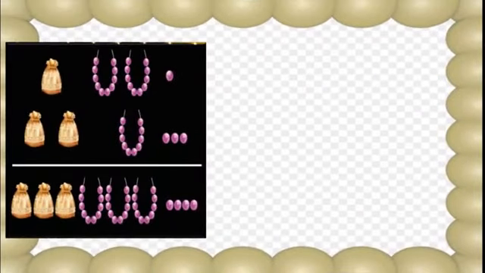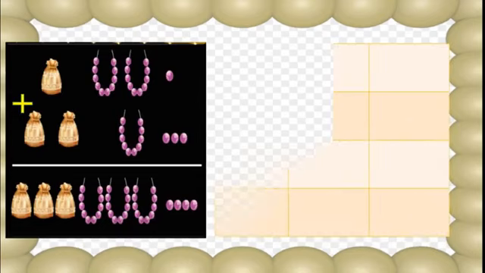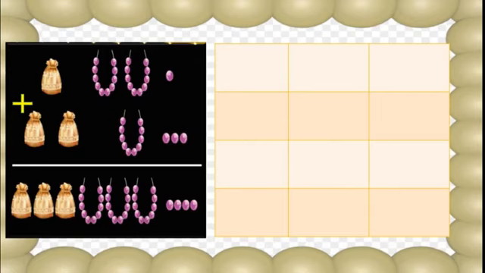Now students, same picture I have taken here. Correct? We know the total also here. Now we will write this in the table. See, this is a table. Here I will write unit place, tens place and hundreds place. Okay.